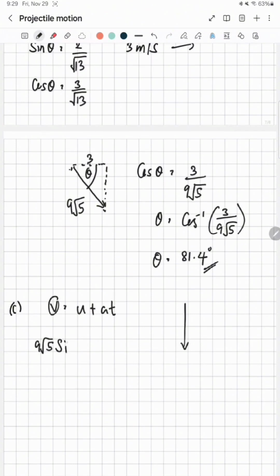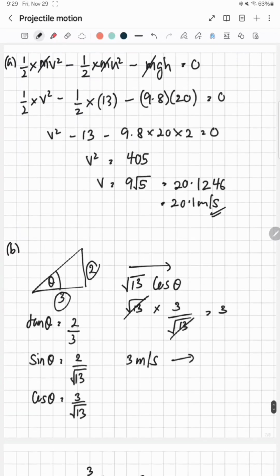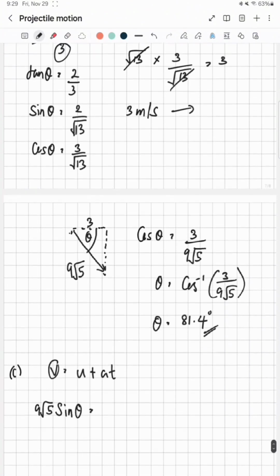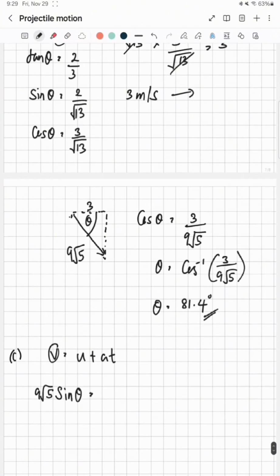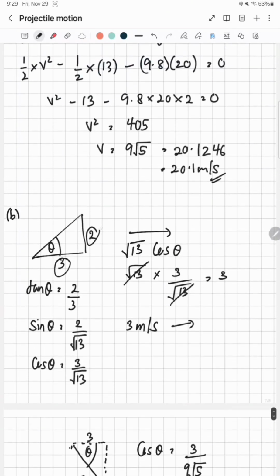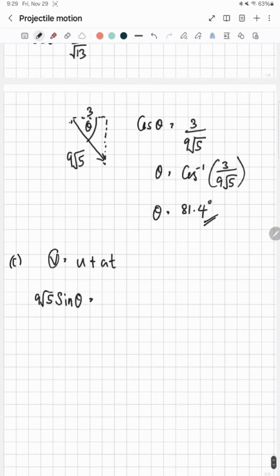So we can write 9 root 5 sine theta equals the initial velocity. Okay, and again, when taking the initial velocity, it's not root 13 because we are taking along the vertical axis. So along the vertical axis it was 2, and it's 2 upwards.